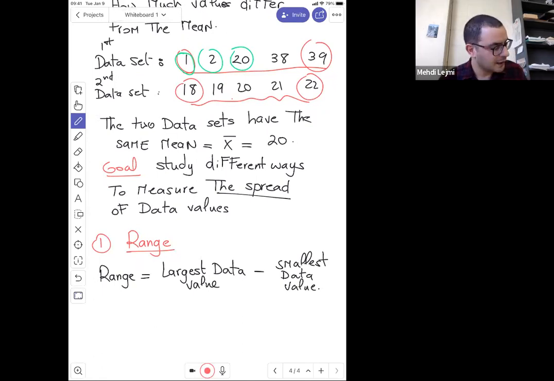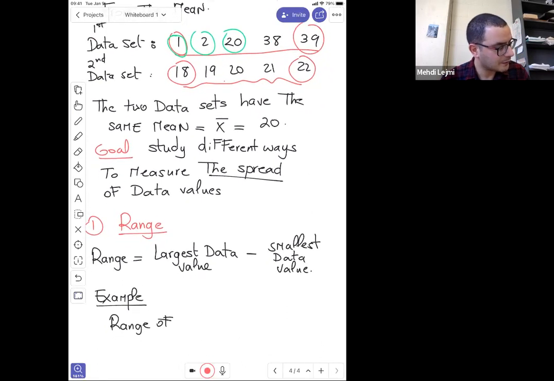It's just the difference between the largest and the smallest data value. So for example, in the first data set, the range of the first data set.